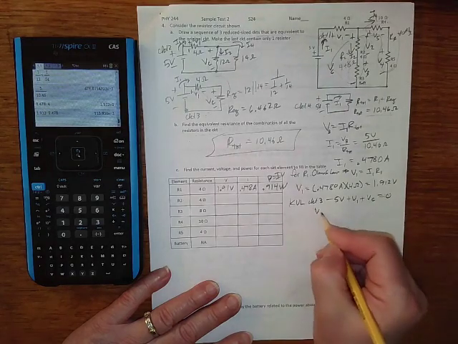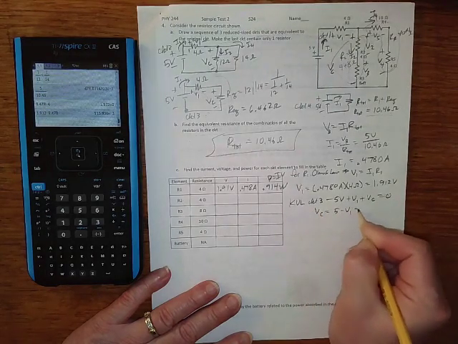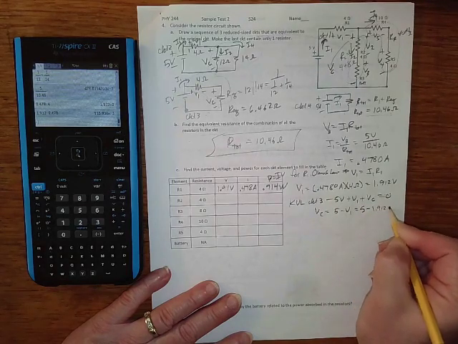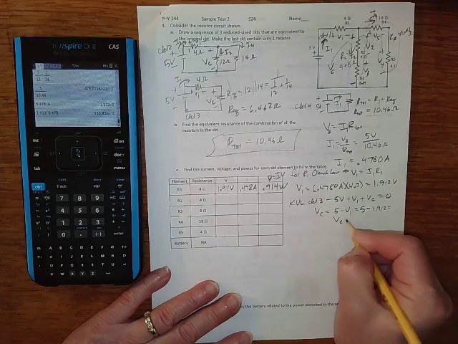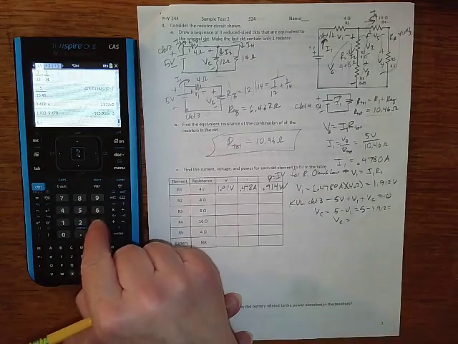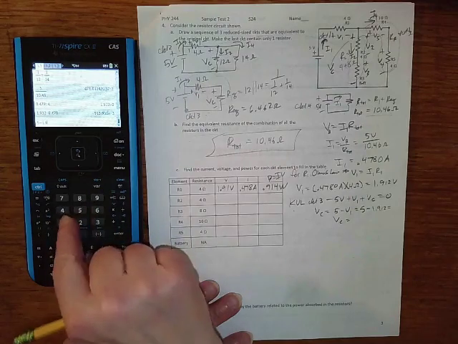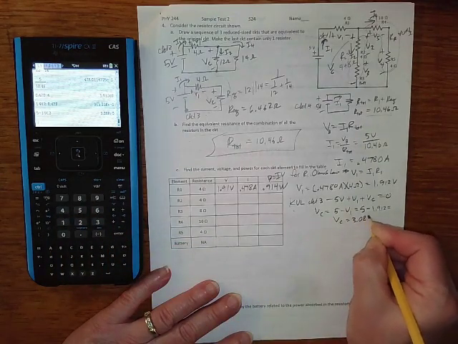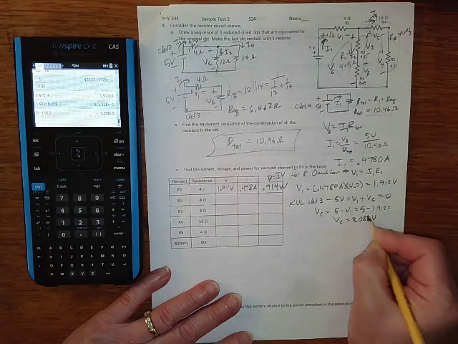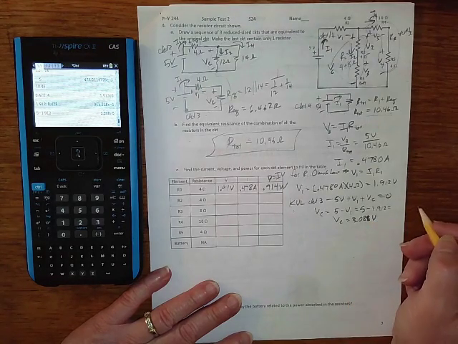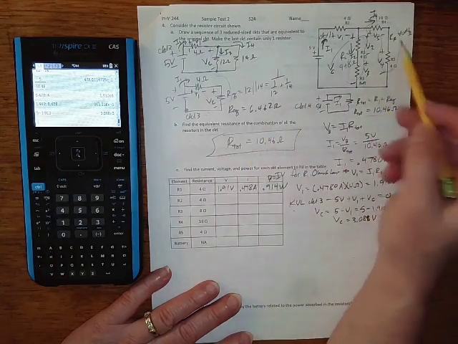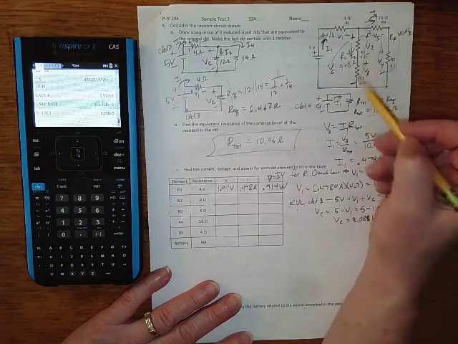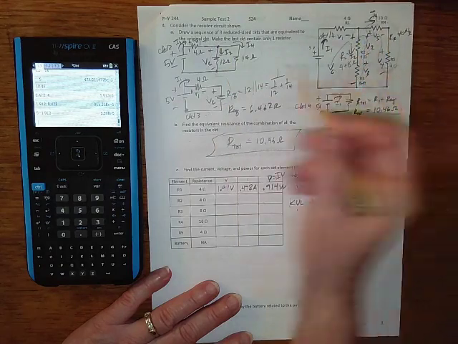So that tells us VC is equal to 5 minus V1. 5 minus 1.912, so VC equals 3.088. All right, so VC, though, isn't the voltage across any one resistor in the big circuit, but it's the voltage across both of these parallel branches.